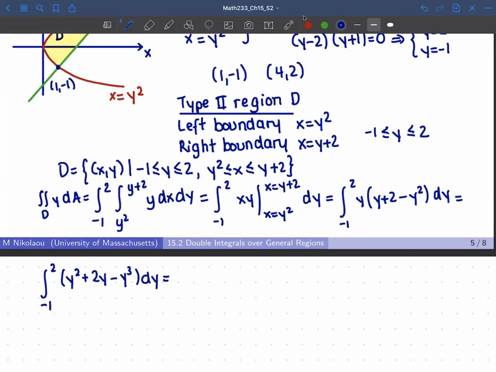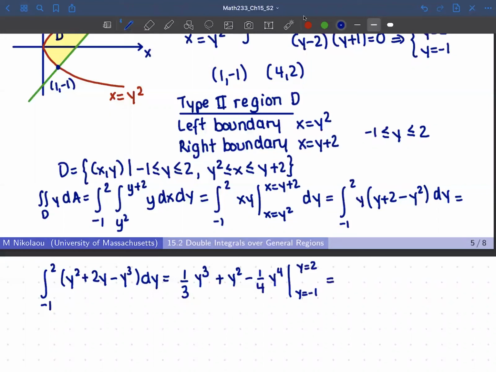And that will give us the integral of y squared dy is equal to 1/3 y cubed. And then we have plus 2y squared over 2, which will give us y squared. And then we'll have minus 1/4 y to the fourth. And we need to evaluate that between y equals -1 and y equals 2.